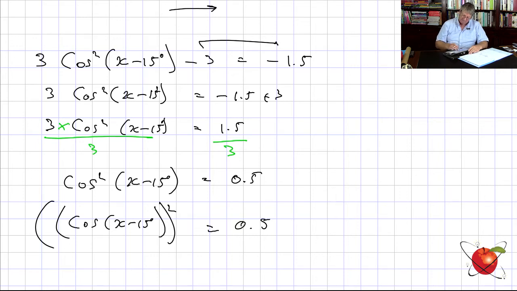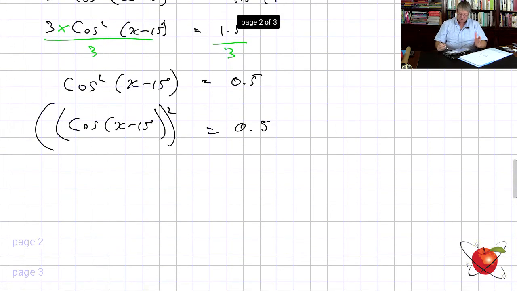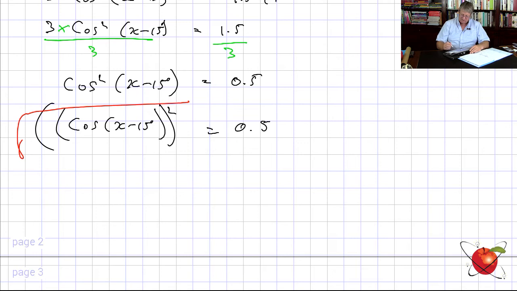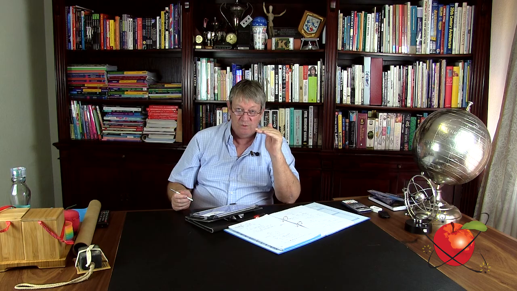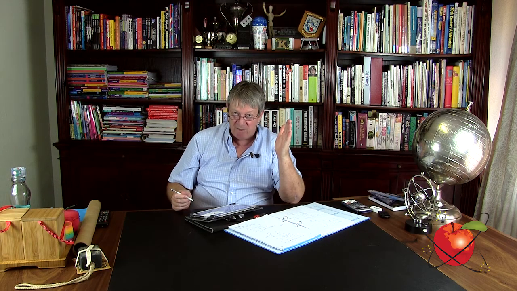What is my next step? I've got the square. I want to get rid of the square, so I'm going to take the square root of everything, aren't I? That leaves me with cos of x minus 15, because the square root sign has cancelled out that 2. Okay? Cubes will do the same thing, right?